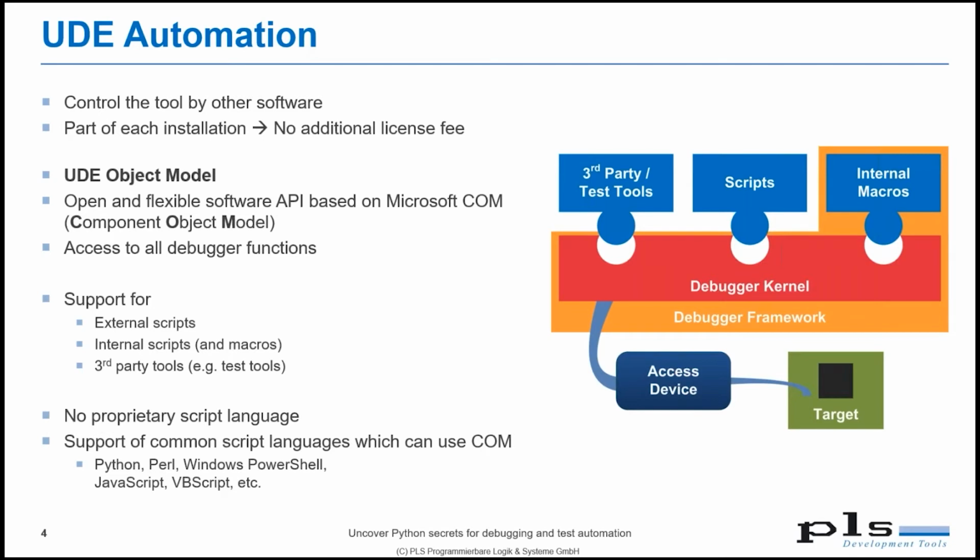And here comes the second good news. Because we rely on the Microsoft COM, we benefit from some advantages. We do not need a proprietary scripting language, nor are we bound to a specific scripting language. That means that you can use any scripting language you like. You can work with your existing knowledge and your preferred tools, and you don't need to learn a new syntax, for example.